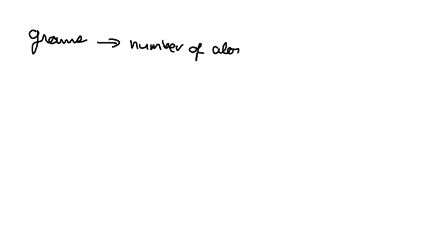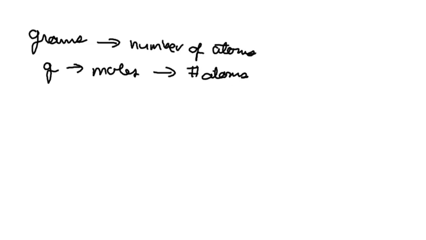Okay, well, let's say that I actually have to go from grams to number of atoms. Okay, well, I can't go directly from grams to number of atoms. In order to go from grams to number of atoms, I have to go from grams to moles to number of atoms, or molecules, depending on what it is.